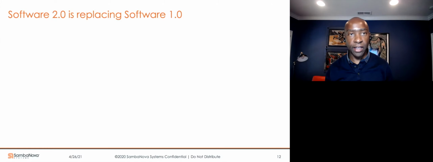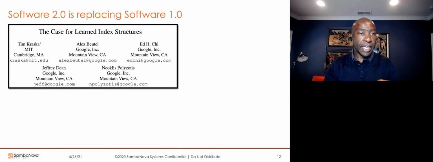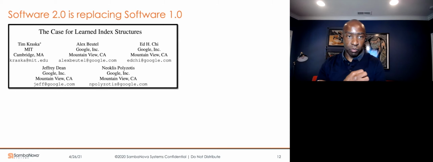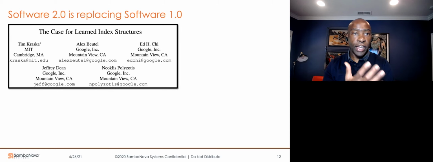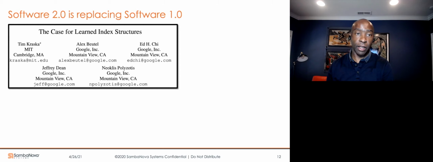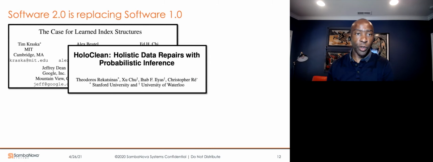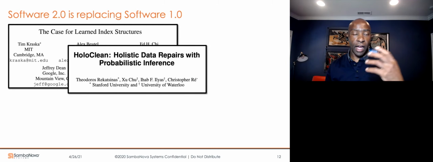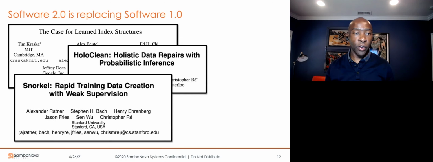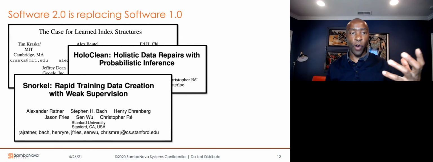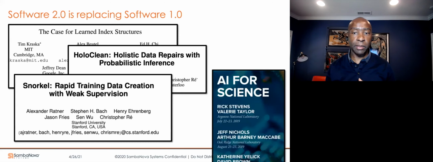So in this case, in the database arena, learned index structures. You can learn a database index by using machine learning training. You can use it for doing data cleaning. You can also use it for actually curating data and making training data more accessible.